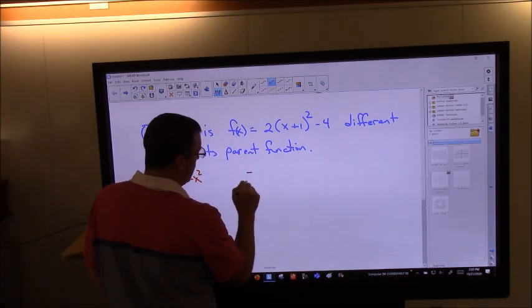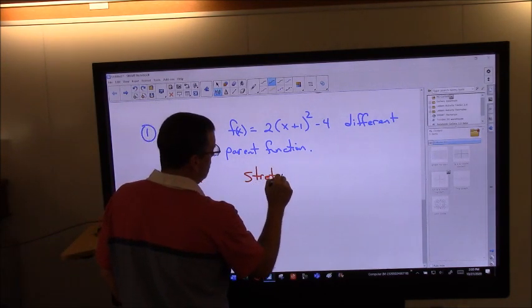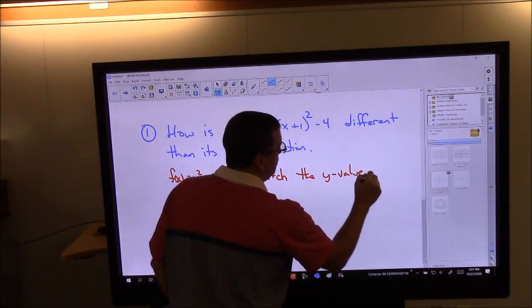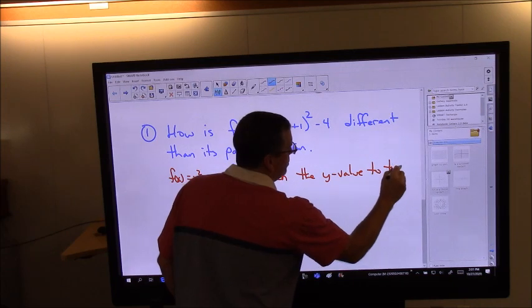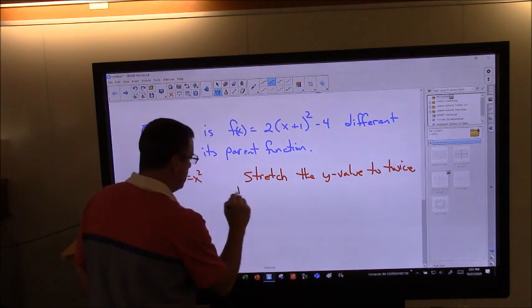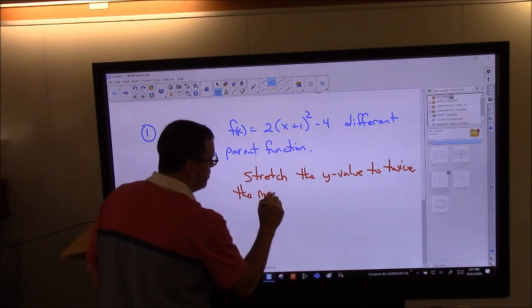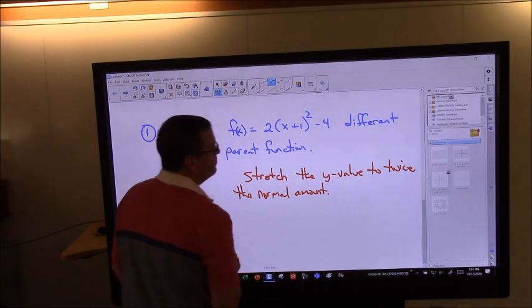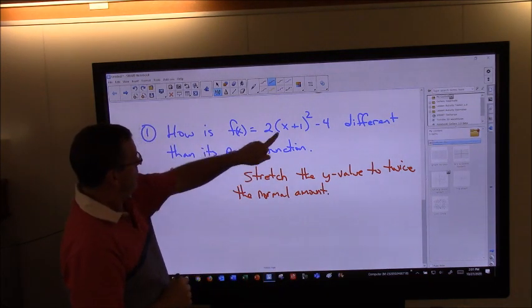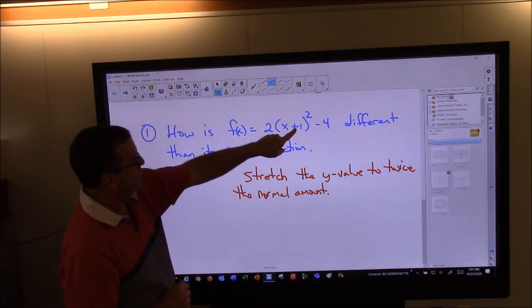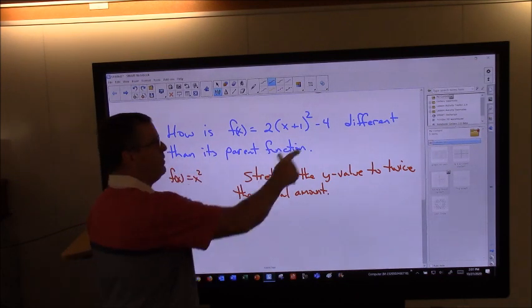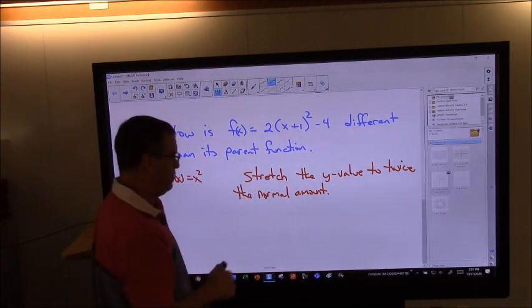Well, I'm going to stretch the y values to twice the normal amount, then I'm going to shift the graph opposite of this, negative c over b, so a -1. So I'm going to shift it left 1 unit and down 4 units.